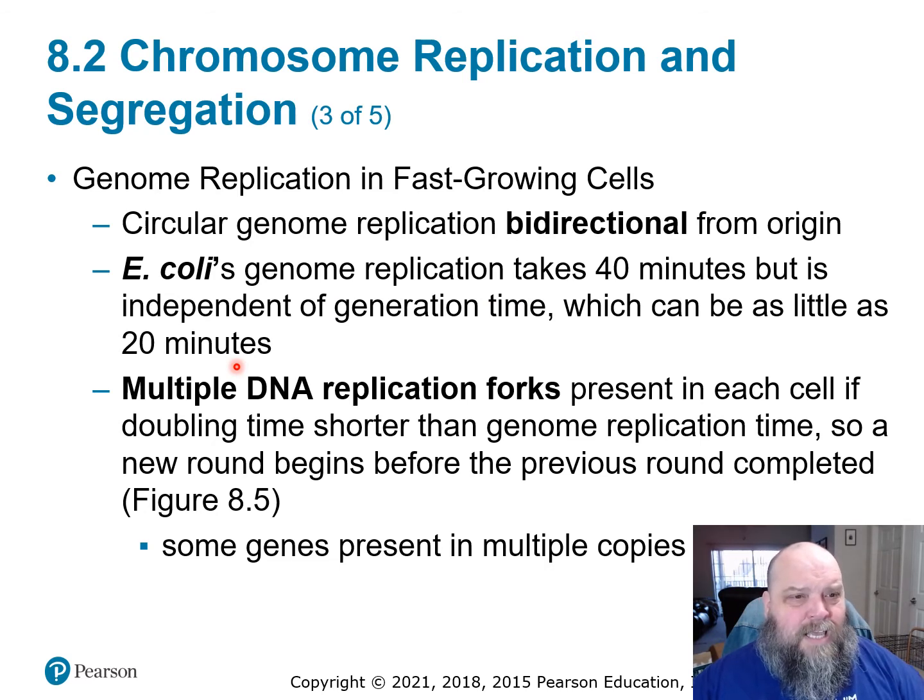Well, it means that as the cell's dividing, it's already in the process of making a new chromosome for the next division that's going to be coming along in 20 more minutes. So because of this, you can end up with multiple DNA forks. Remember, I told you DnaA has a low affinity for hemimethylated DNA, but not a complete lack of affinity.